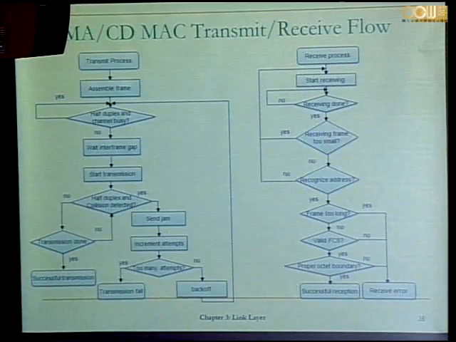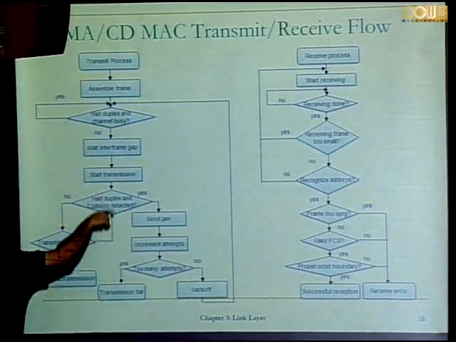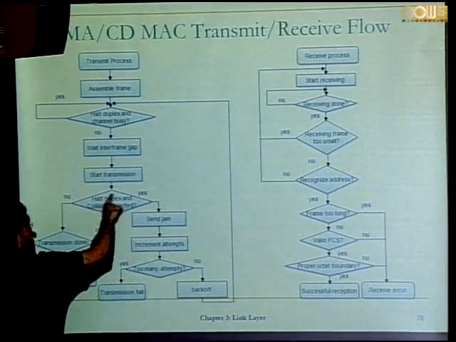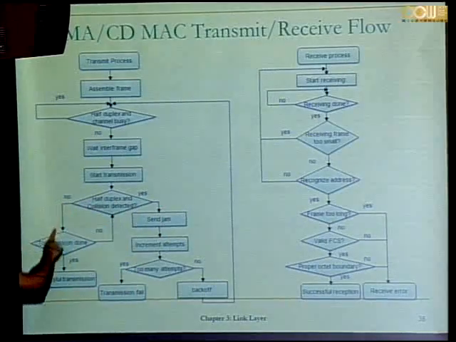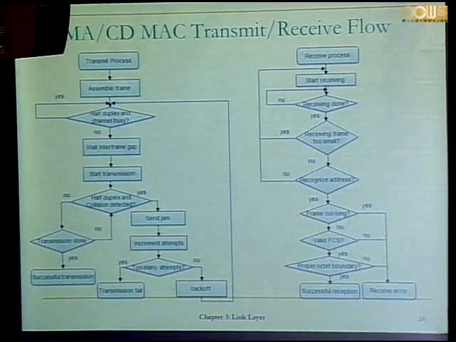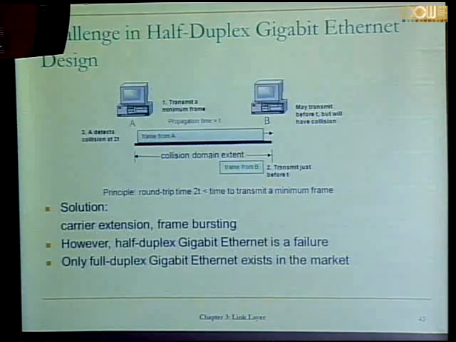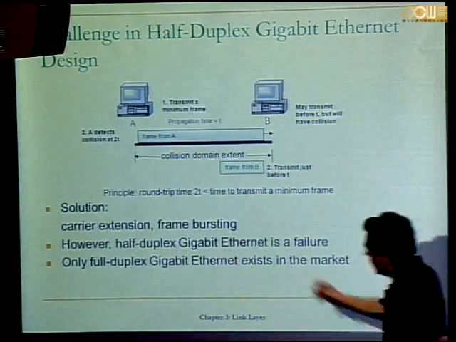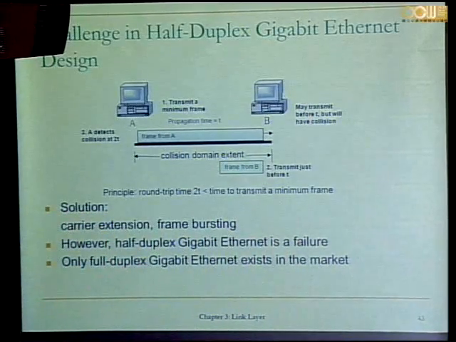Don't go out of the loop here. If you go out of the loop, everything is over. If it's not out of the loop, you might still come here. But if you are out of the loop here, then it's done. So it says to keep the channel busy by sending extension carrier.